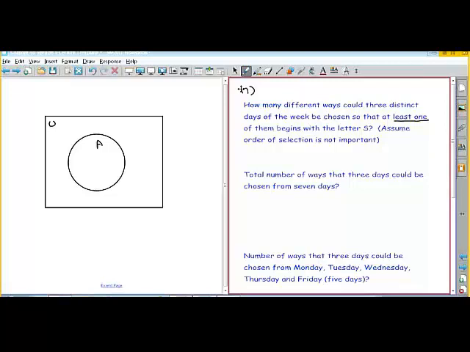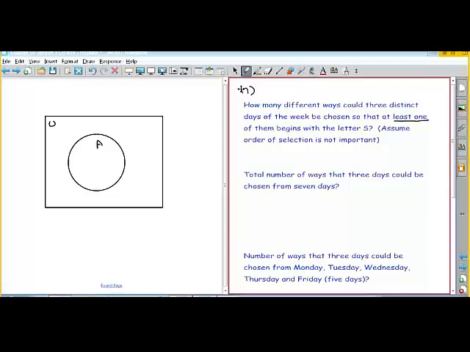So what we need to do is pick 3 days of the week. The opposite of at least one is none. So we're going to figure out the total number of subsets of 3 days out of 7.